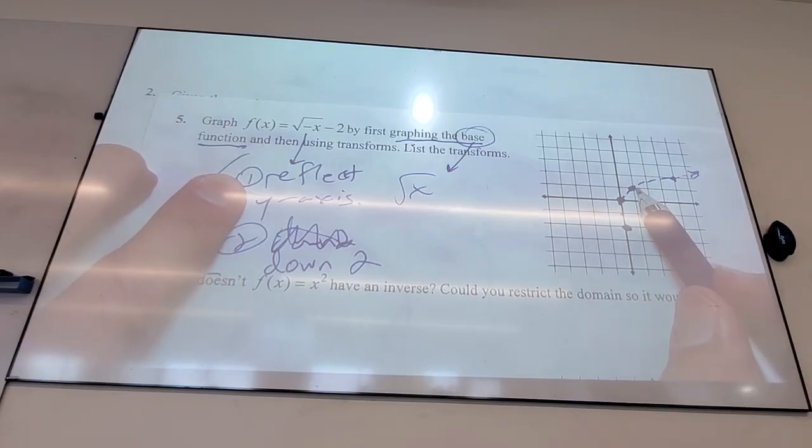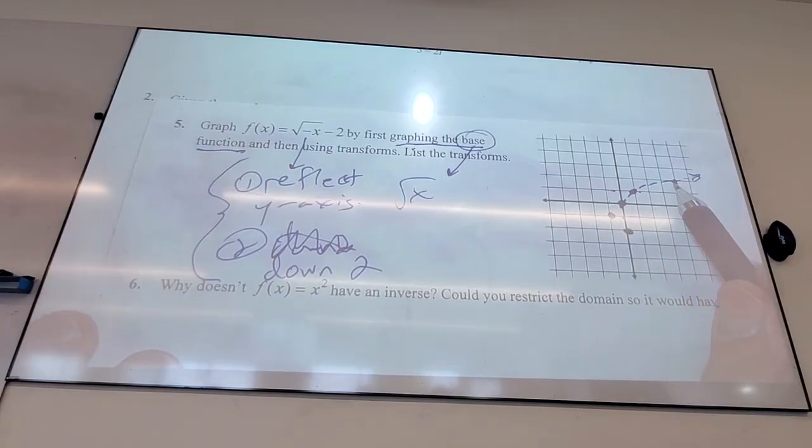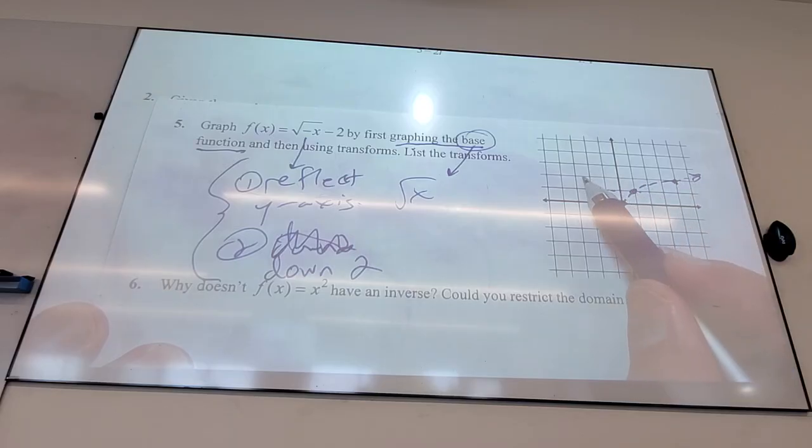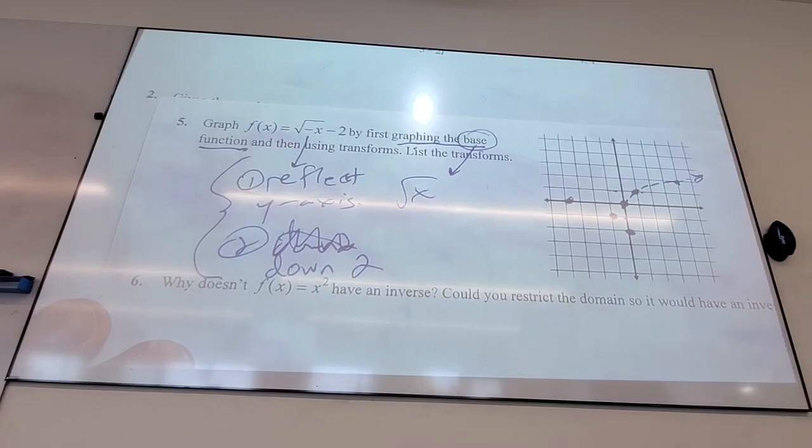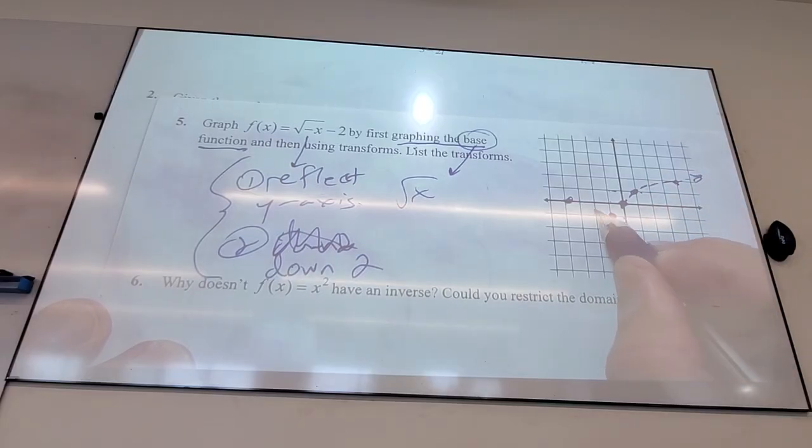Where is its mirror image? One way over here, right? And then I take that down 2. Bam! This one, reflect, and then I take it down 2. Bam! And then you just put the shape back on top. So that's why it's important to know the shape of a function.